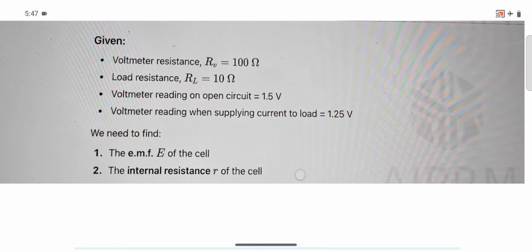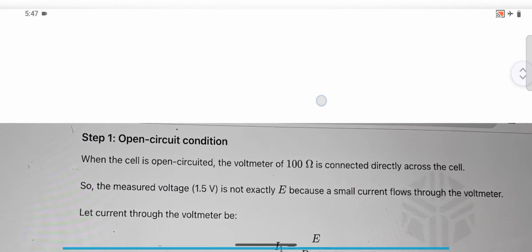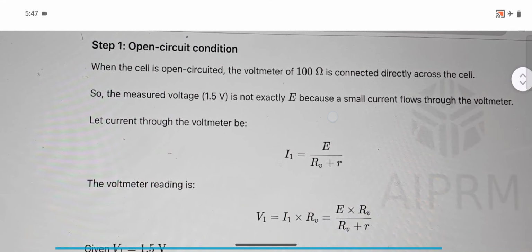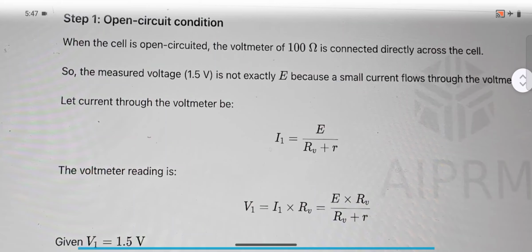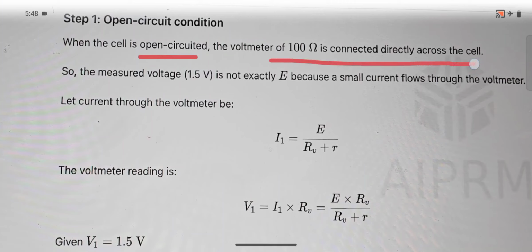Next we will calculate the EMF of the cell. Condition: open circuit condition. When the cell is open circuited, the voltmeter of 100 ohm is connected directly across the cell. Understand?